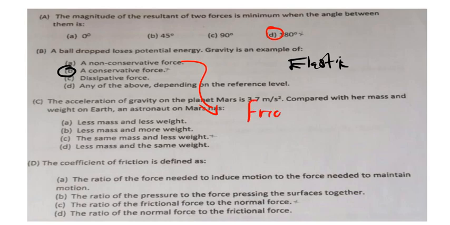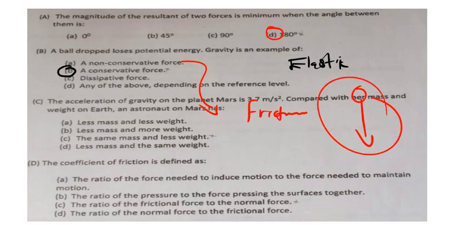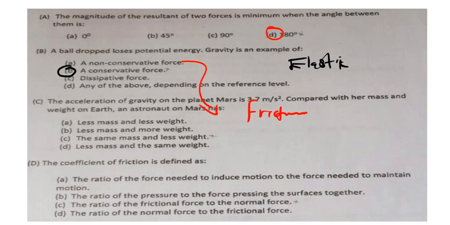In the case of a ball that is dropping, the friction will be due to air resistance. Such forces are non-conservative and they depend on the path that we've taken. Mechanical energy that is lost as heat, all those kinds of forces are non-conservative. Basically, this is our B.